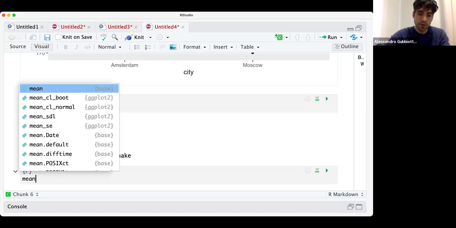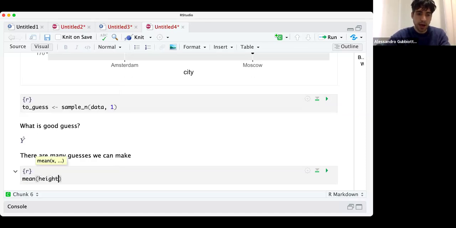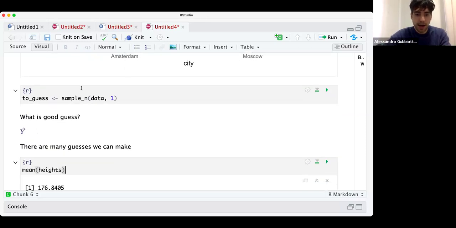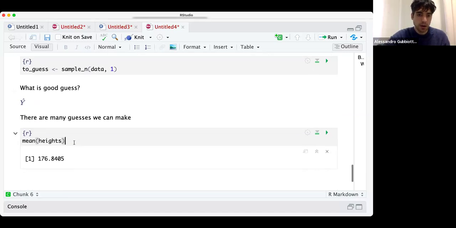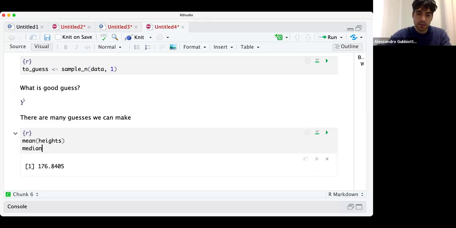We can take the mean of the vector heights, because we don't know if this guy is from Amsterdam or from Moscow. So we can take the mean, we can take the median. Should be very similar, pretty much similar, yes.